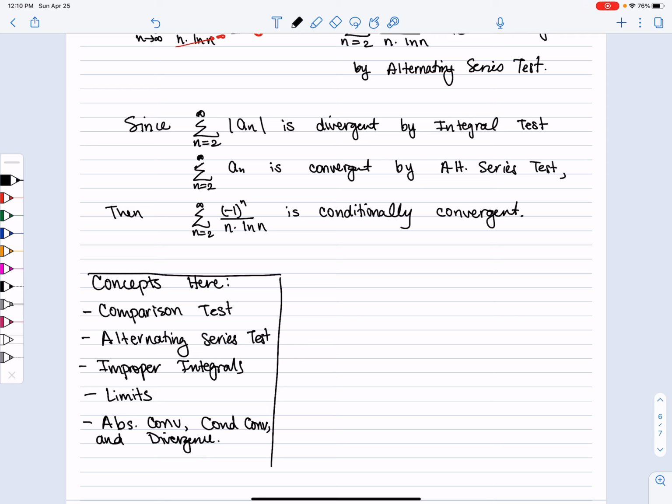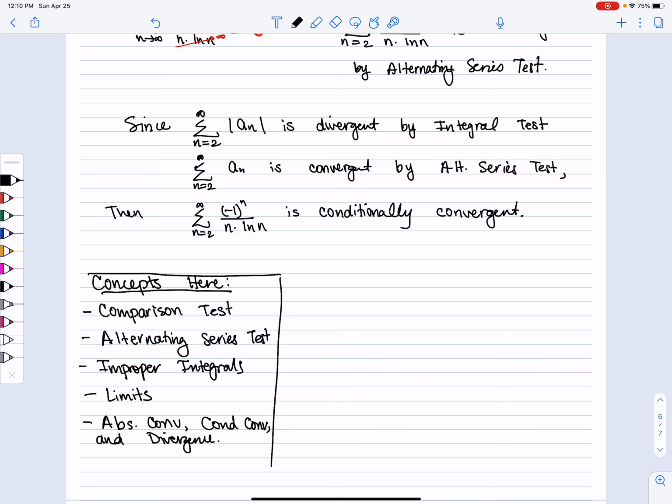So there are some problems that talk about many of the concepts within the problems. So as you're looking at section 11.6, and either conditional convergence or absolute convergence or divergence, then some of these problems will require you to do several different tests in one.